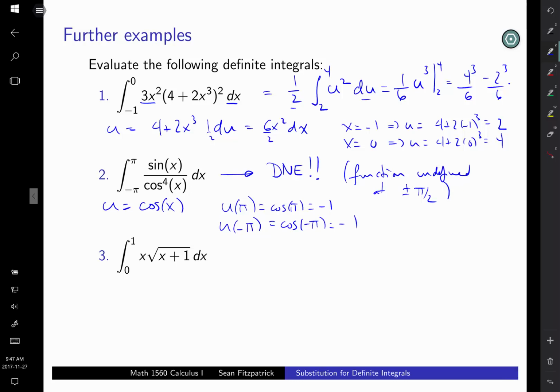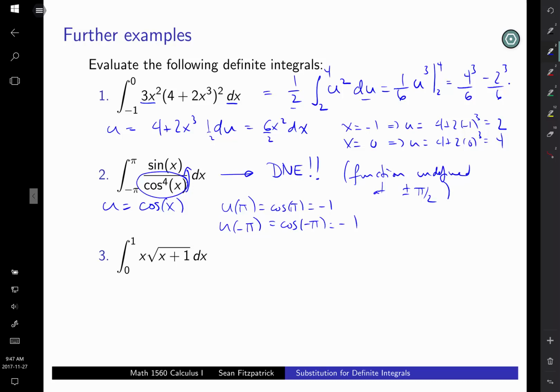So let's say I had the same thing, but maybe this cos was up here in the numerator, so I didn't have to worry about this division by 0 problem. I just had sin x times cos x to the 4. Well, then there's also an interesting thing that happens, and this is one of the cases where it might be useful to look at your limits of integration when you substitute.